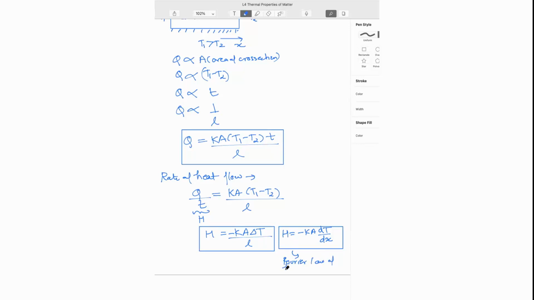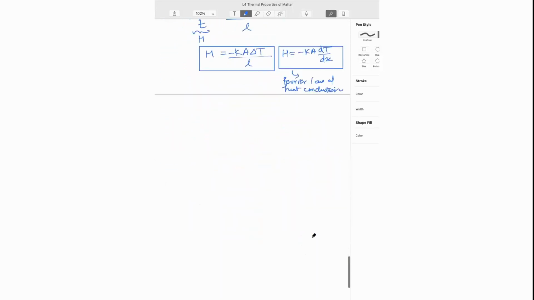So either you can take the total temperature gradient, delta T by L, or you can take dT by dx, and then you can find it out.